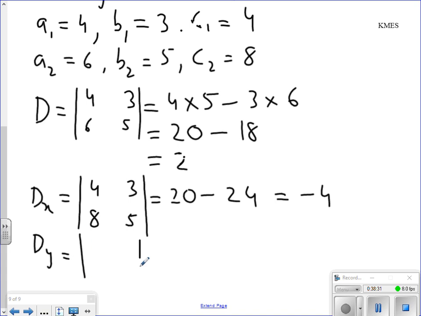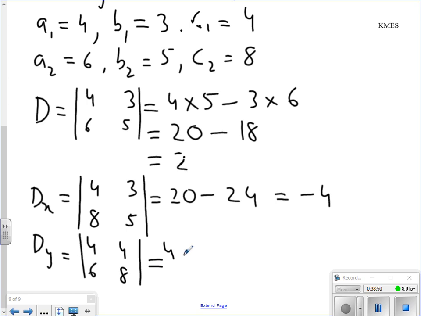dy. So what we do in dy? From d, a1, a2 comes back to their original place and b1, b2 are replaced by c1, c2. So that will become 4 and 8.